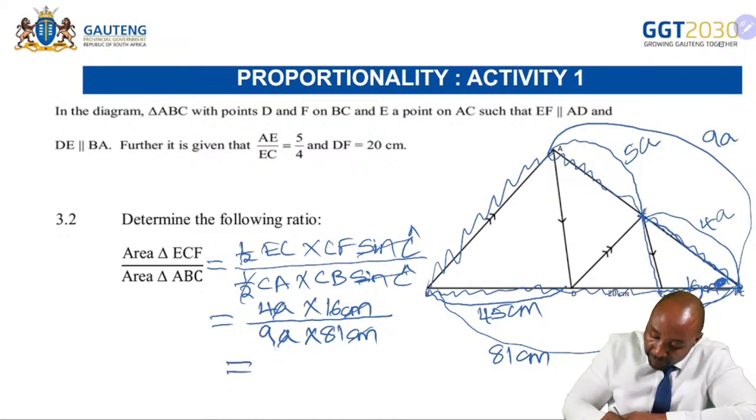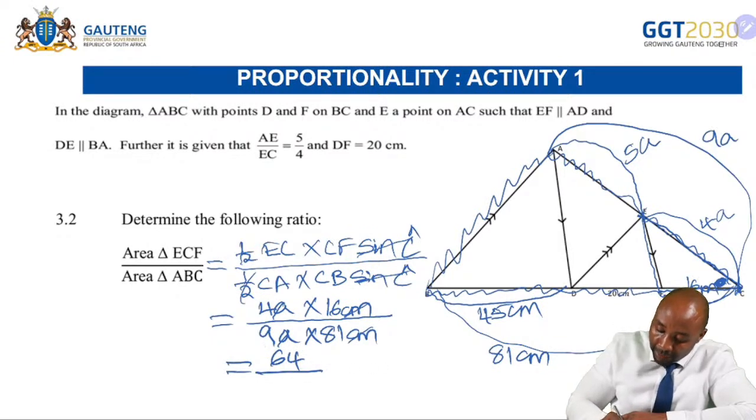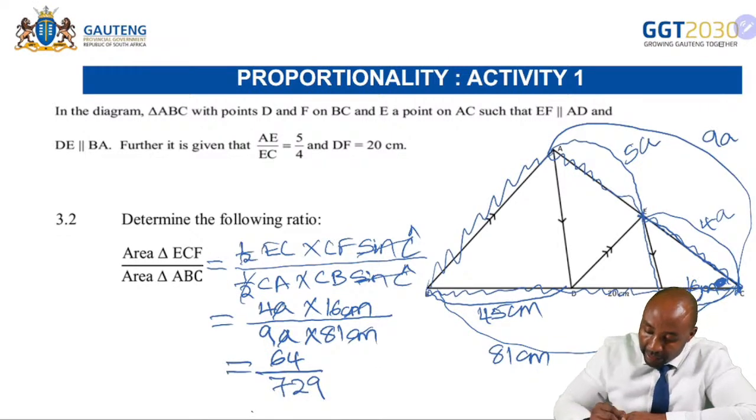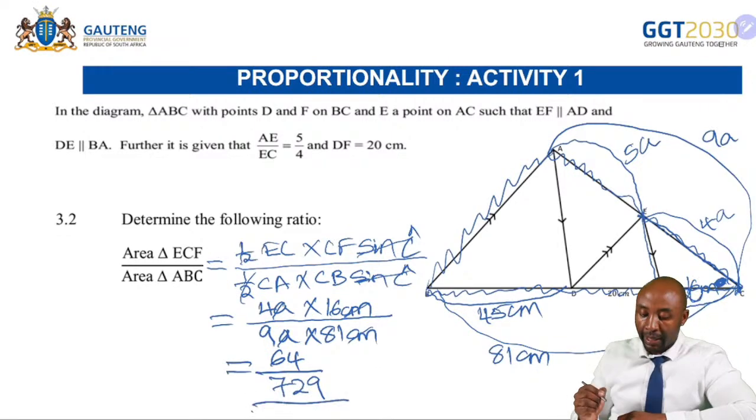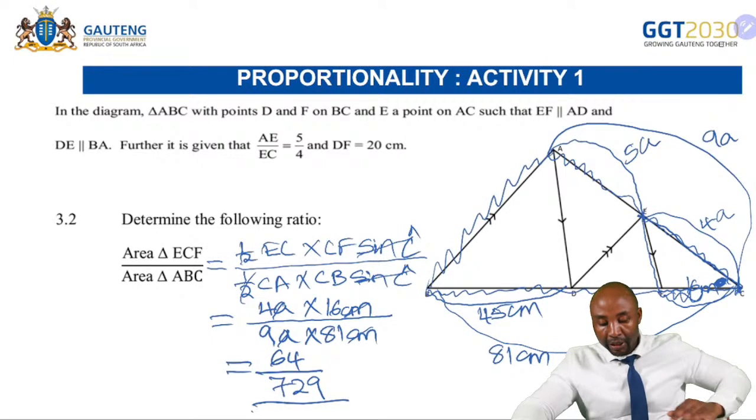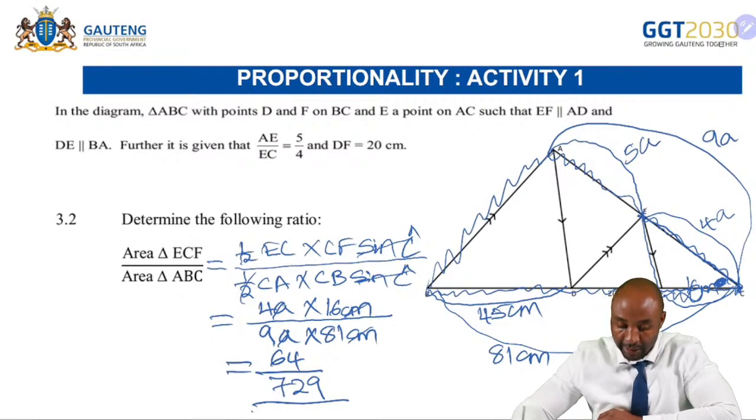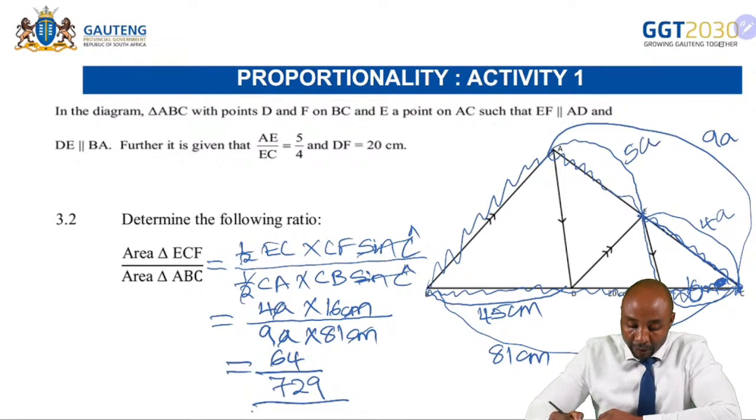And this should give me 4 times 16 will give me 64 over 81 times 9 will give me 729. And this will be my answer for getting the ratio of the areas there. It was an easy one. Let's move on to the next one.